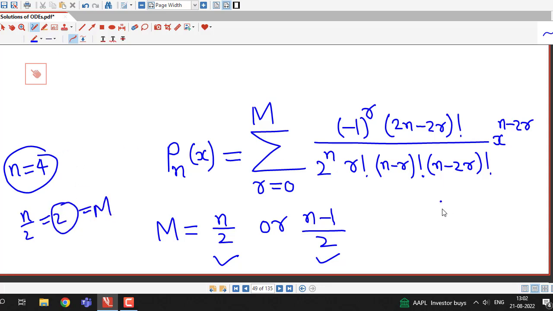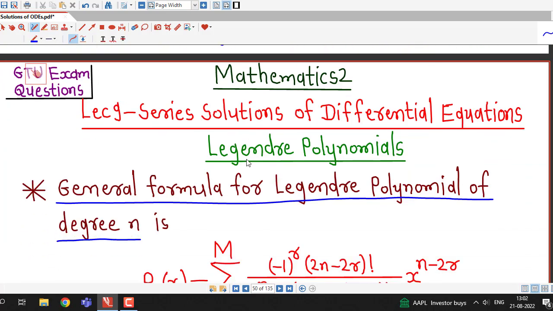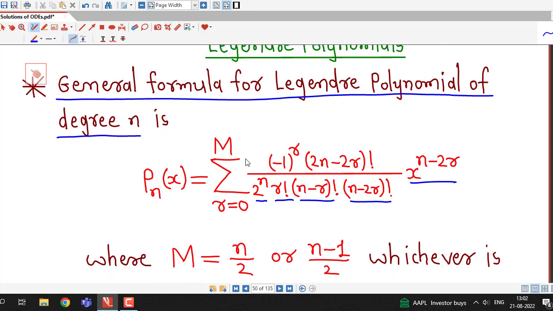If I have n equal to 5, then n by 2 is not an integer, so I will consider (n minus 1) by 2, that is (5 minus 1) by 2, which is equal to 2. So capital M is n by 2 if n is even, and (n minus 1) by 2 if n is odd. Using this general formula, we can derive the first few Legendre polynomials.